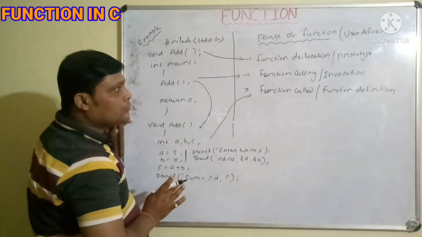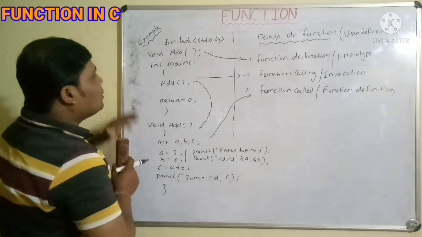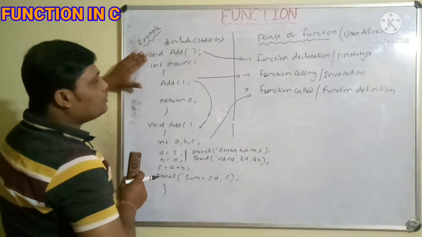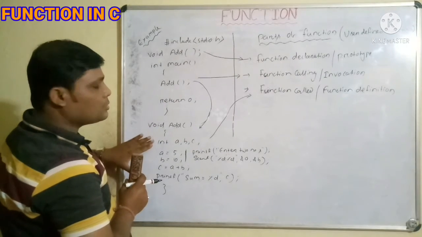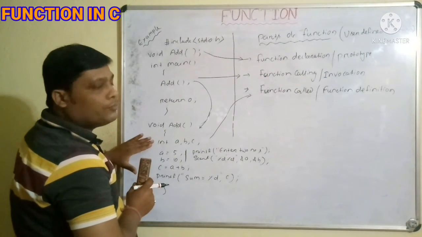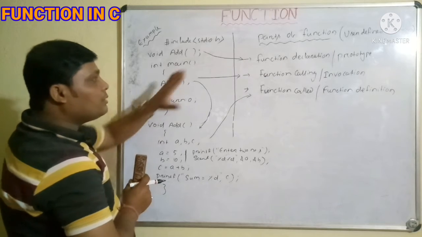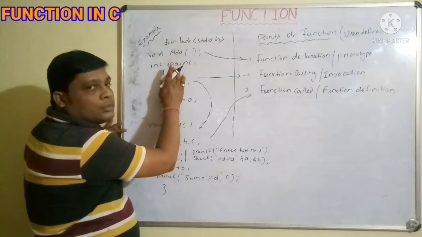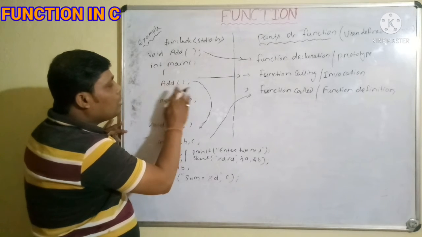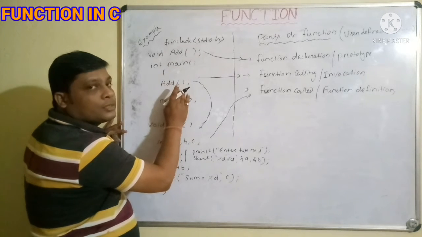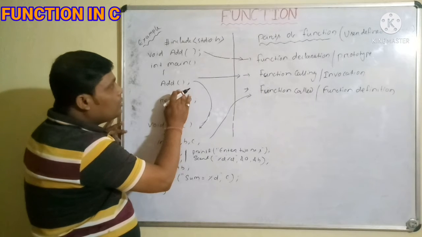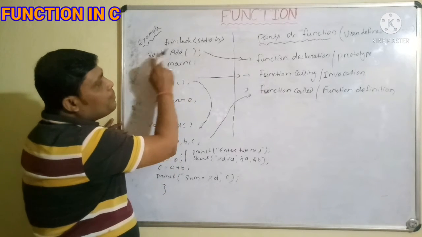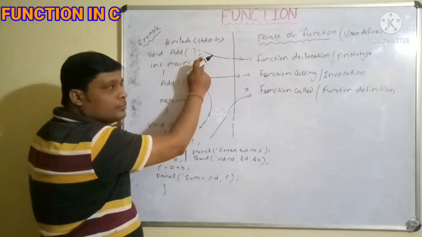Clear? Now see, what is function declaration, what is function calling, and what is function definition or called part. There are three parts. From the main function, you are calling this addition function. You can see in the declaration part there is a semicolon.